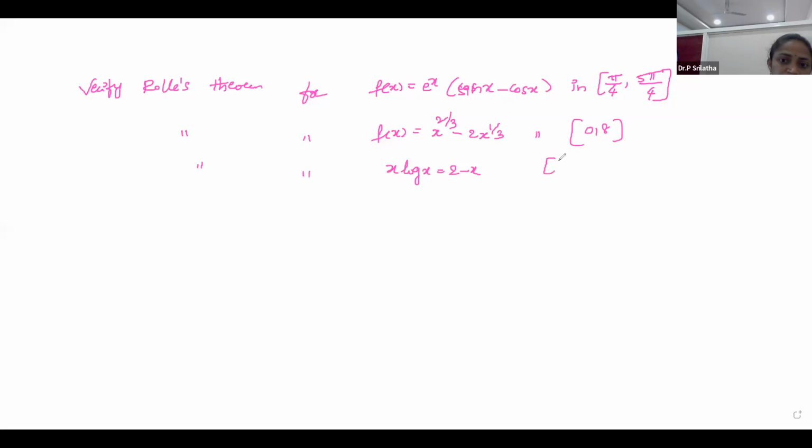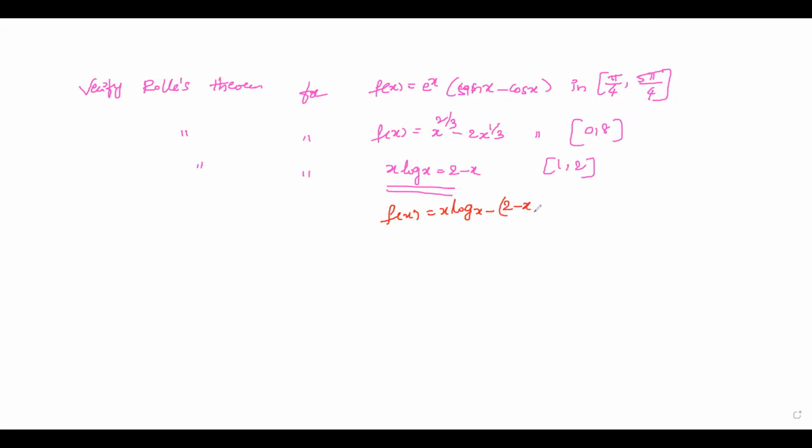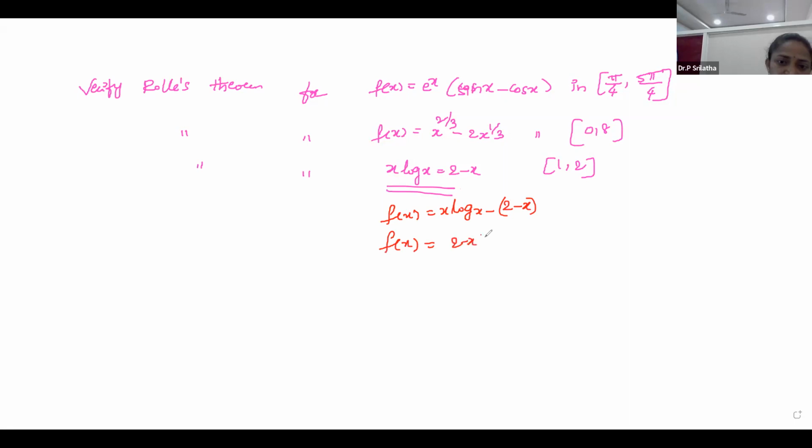The limits are 1 comma 2. So what is the function here? f of x equal to x log x minus 2 minus x. Isn't it? Yes, ma'am. Otherwise, f of x equal to 2 minus x minus x log x.